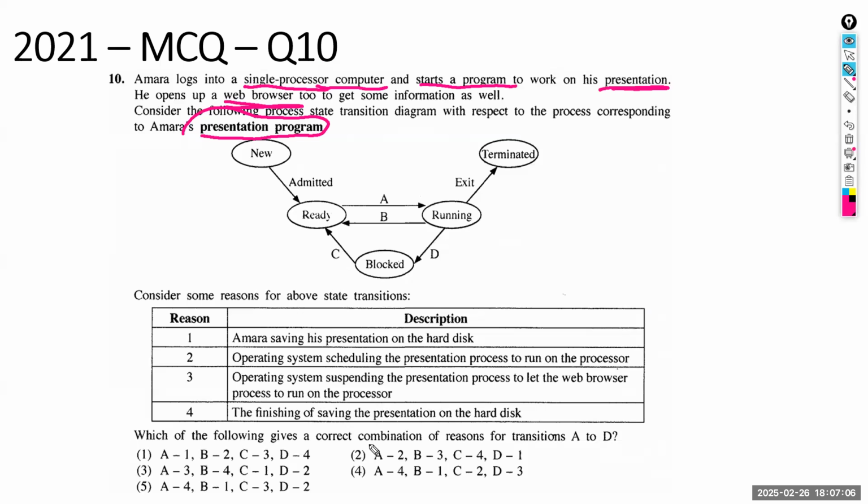Which of the following gives the correct combination of reasons for transitions A to D? That is A, B, C, D. So you must say what is the reason for A, what is the reason for B, what is the reason for C, what is the reason for D. Right? Do it.